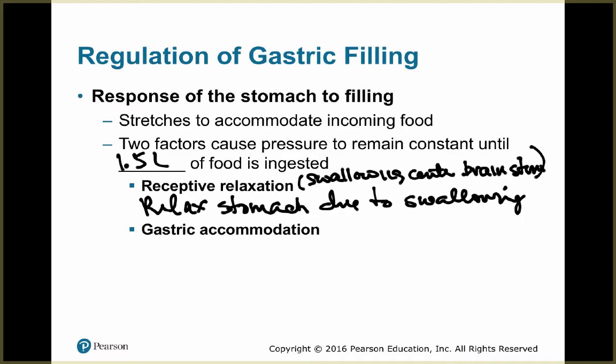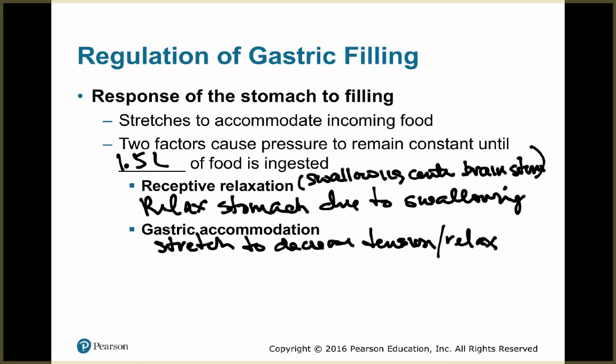So gastric accommodation is the idea that it stretches to decrease tension and then it relaxes. It's kind of like stretching for the splits: you stretch for a while, then you relax, and then you can stretch longer the next time, right?